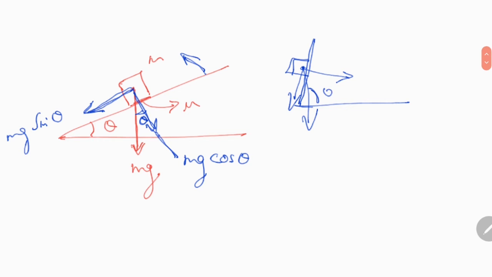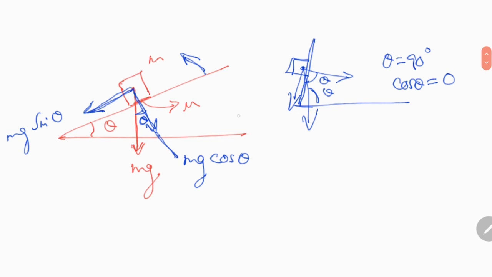If this is theta, then this becomes theta, and at the limiting case of theta equal to 90 degrees, cos theta will be equal to 0, right? Therefore you understand that it will have no normal reaction.